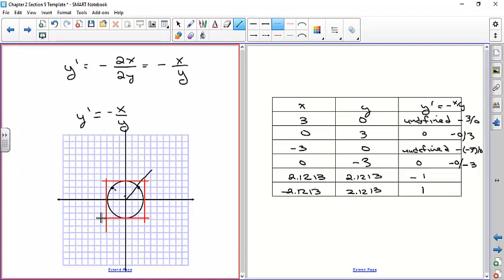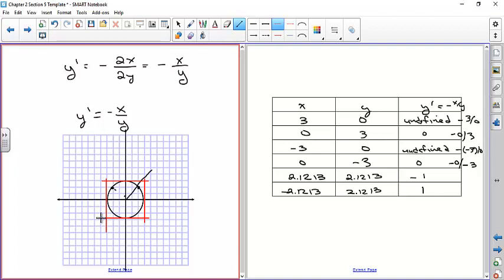So at x equals 3, y equals 0, the slope is undefined, which is true. It's vertical. At x equals negative 3, y equals 0, it's undefined, vertical. At x equals 0, y equals 3, it's 0. At x equals 0, y equals negative 3, it's 0. So all these are confirmed by the result that we got there.